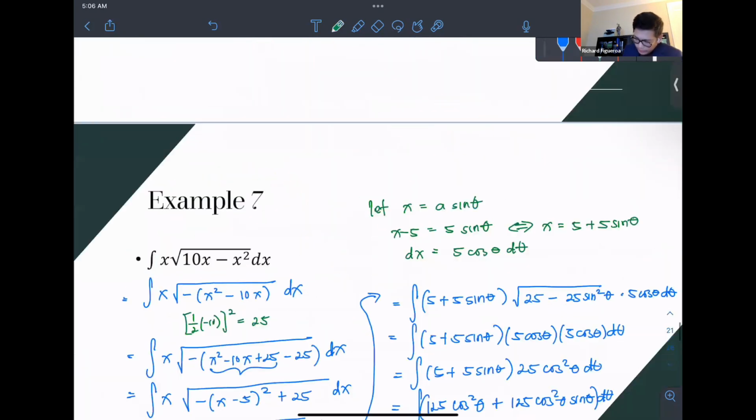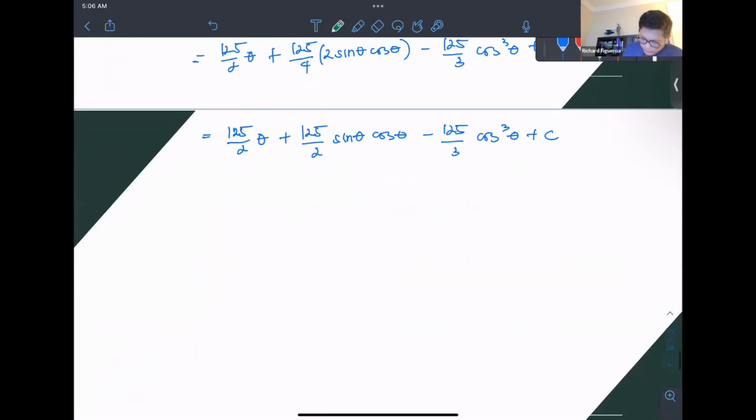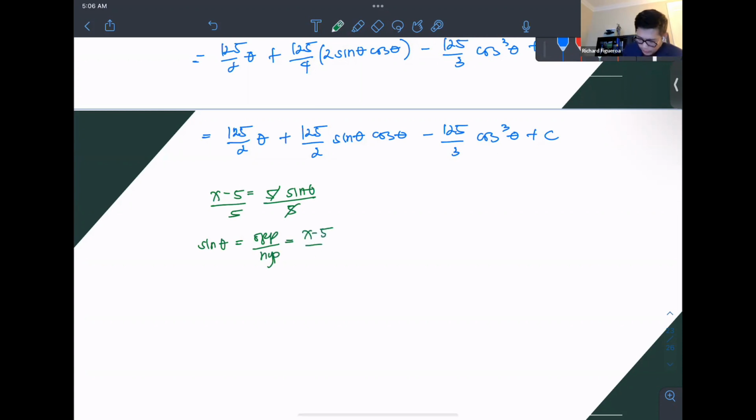Then we go back. x minus 5 is equal to 5 sine theta. Divide both sides by 5. So sine theta, which is opposite over hypotenuse, is x minus 5 all over 5.